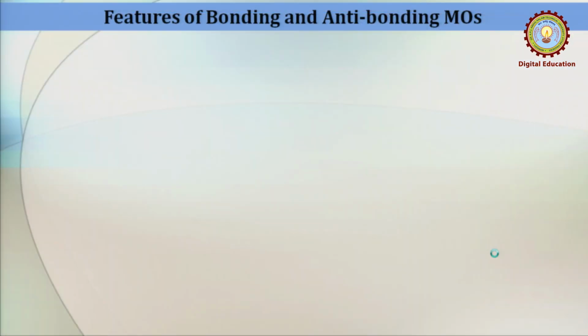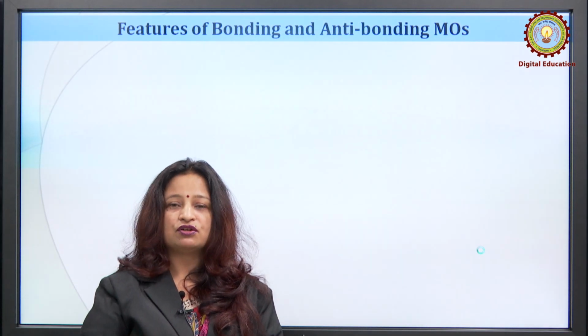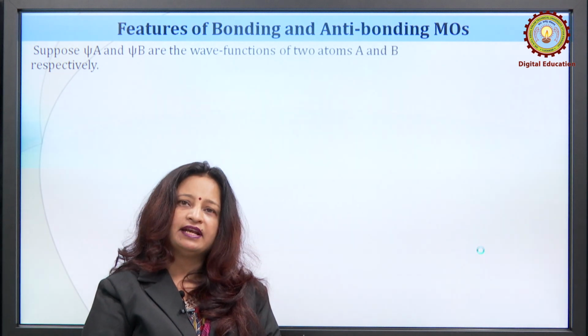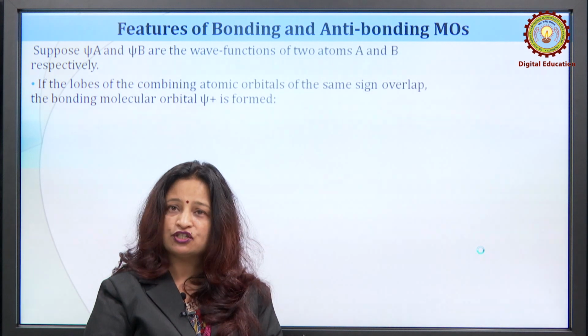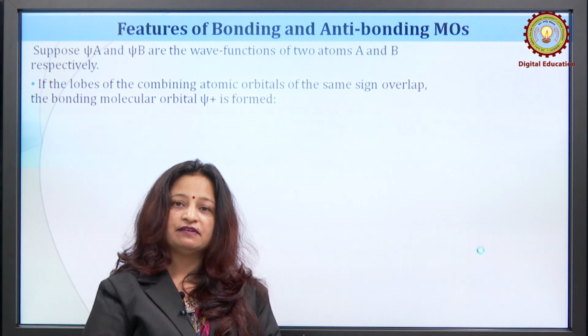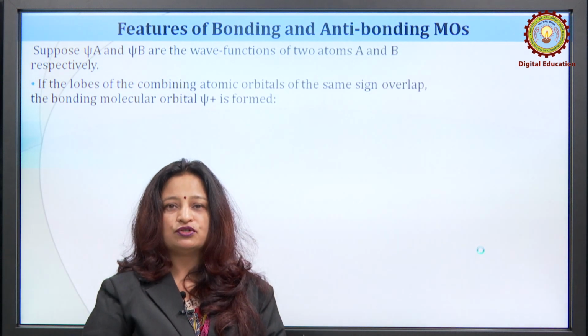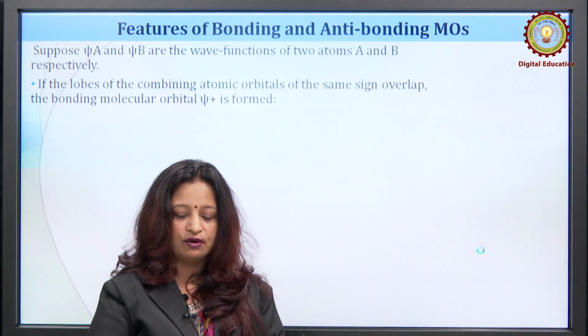Okay, before we come to the question, we would definitely consider what are the features of bonding and anti-bonding molecular orbitals. Very easily you can understand. Suppose psi A and psi B are the wave functions of two atoms A and B respectively. So, we are talking about two atoms because atoms A and B are going to overlap each other in order to form any kind of molecule or molecular orbital.